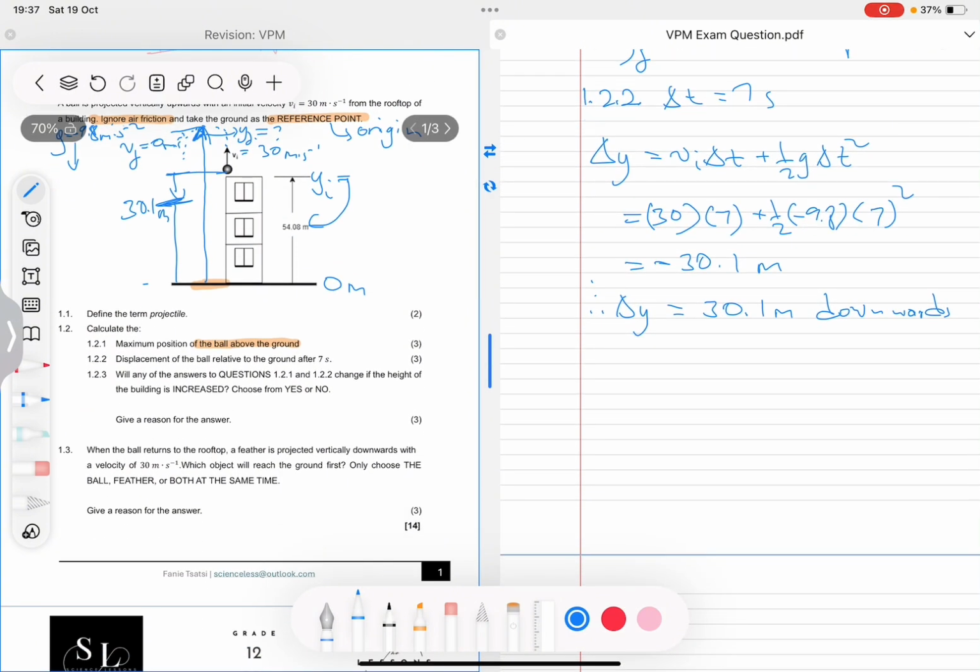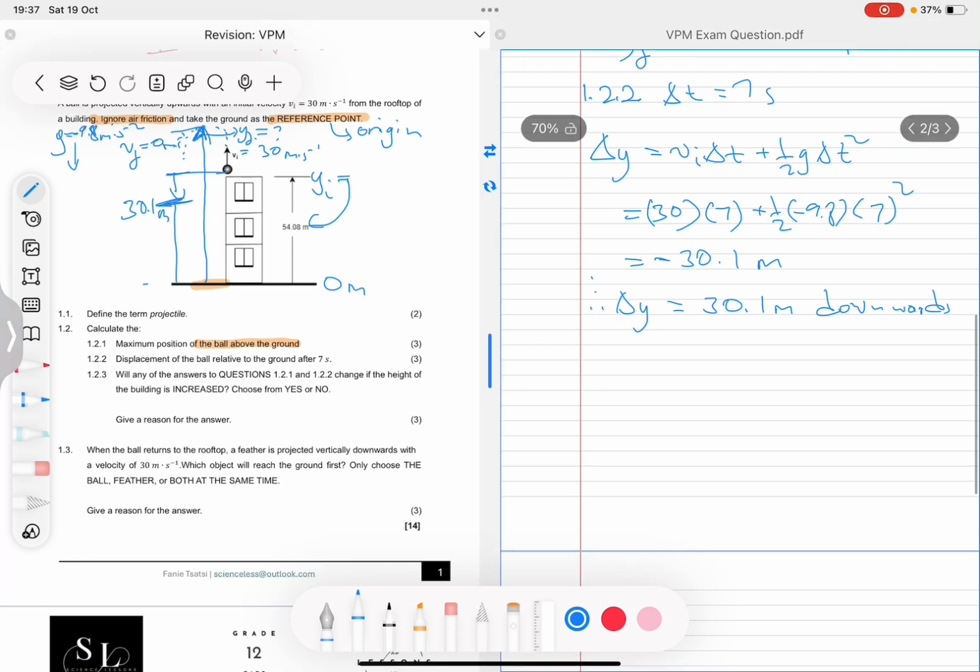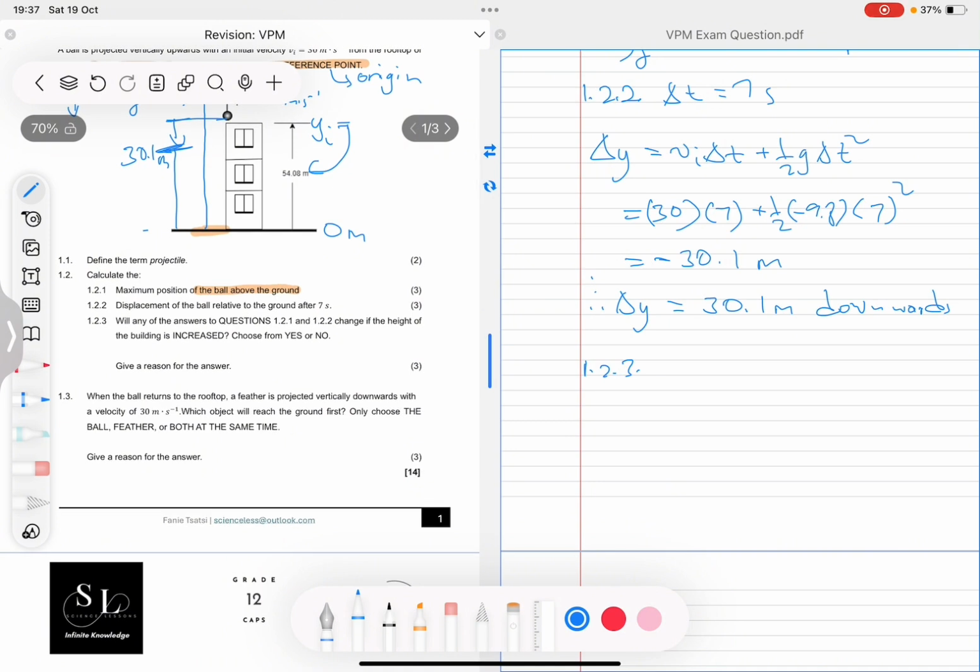Now I'll jump to question 1.2.3. They say here, will any of the answers in question 1.2.1 and 1.2.2 change if the height of the building is increased? Choose from yes or no, right? And you give a reason for your answer. Now this question, there's a video that I've put on YouTube.